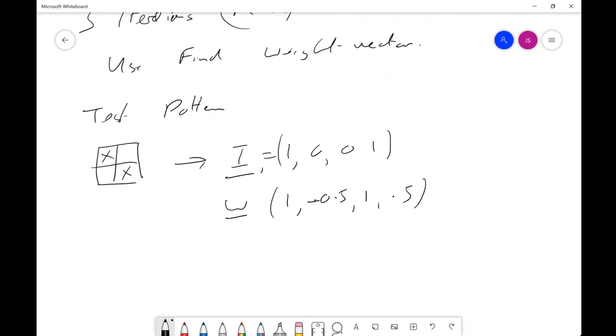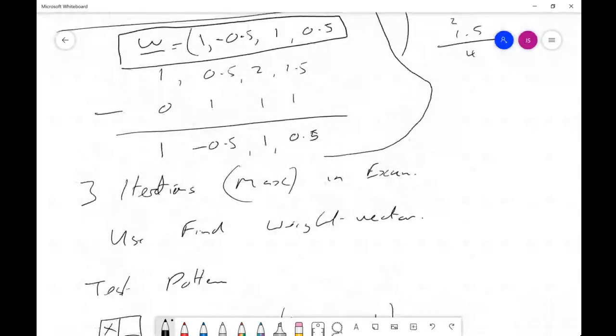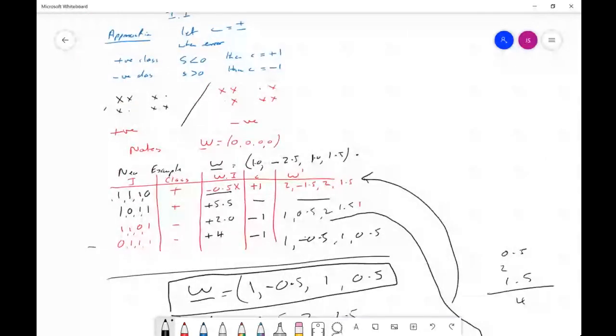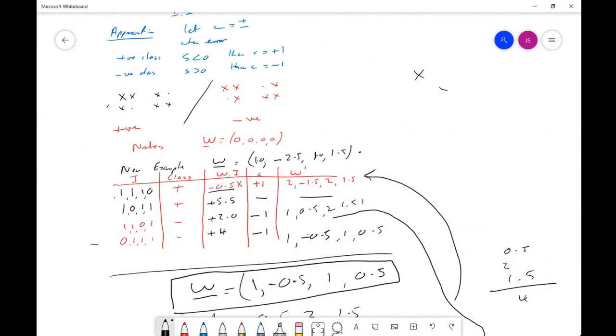To classify this pattern, we would get W dot I, and that is 1 plus minus 0.5 plus 0 plus 0.5. And adding those up, it is going to be 1, and it is positive. So that pattern would be classified as the positive class. So the pattern we put was that pattern.